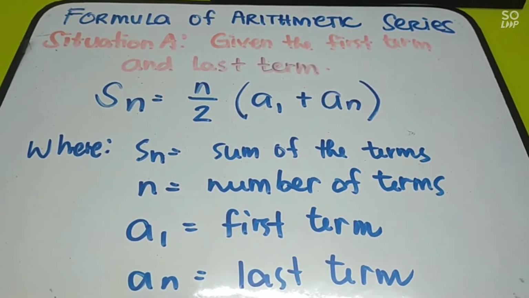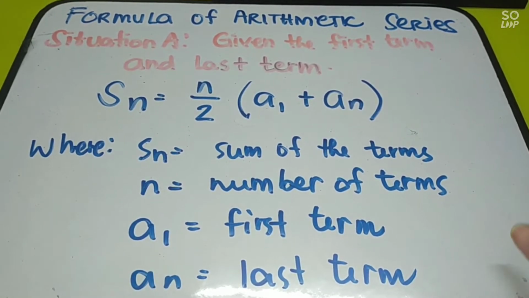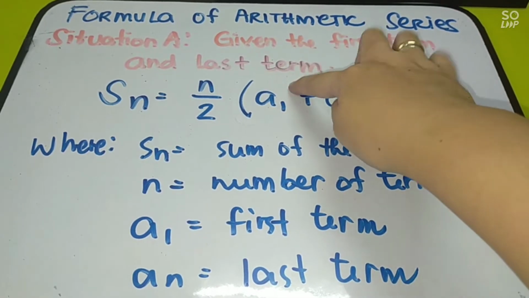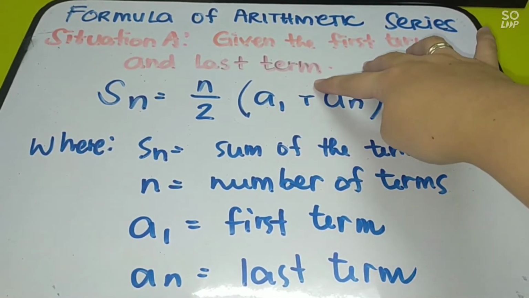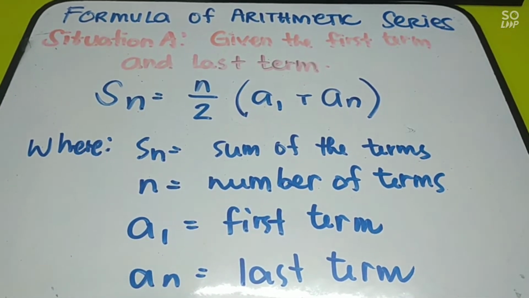Situation A. This formula is for the situation whose given are the first term, the last term, and the number of terms you are looking for.